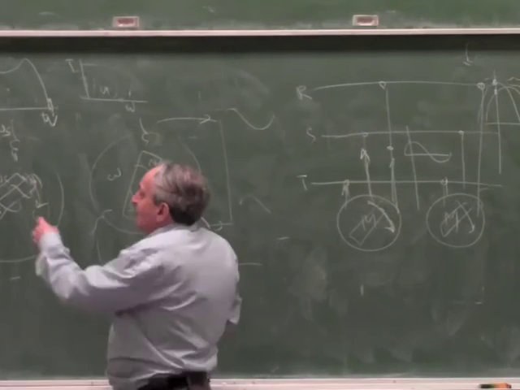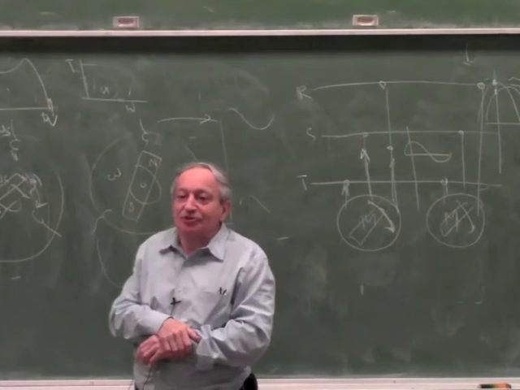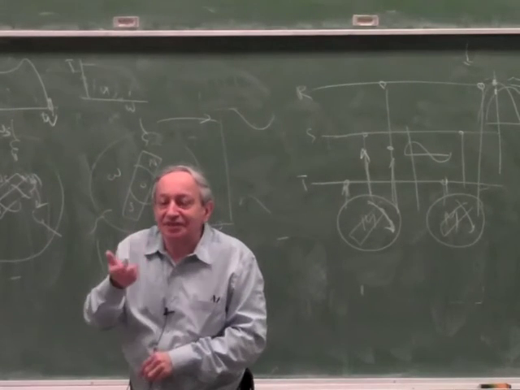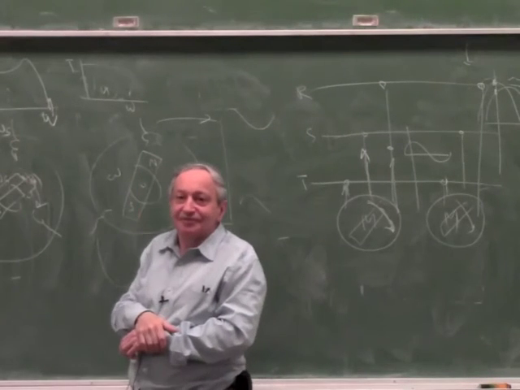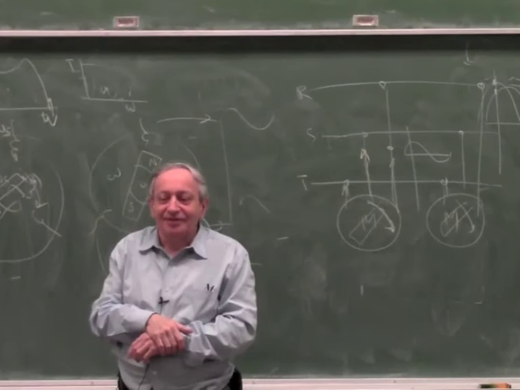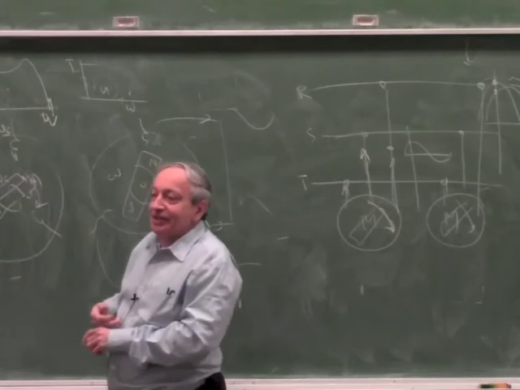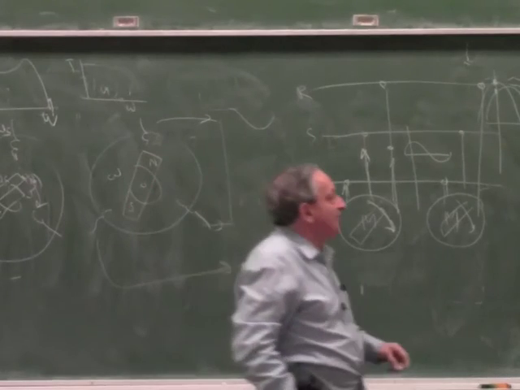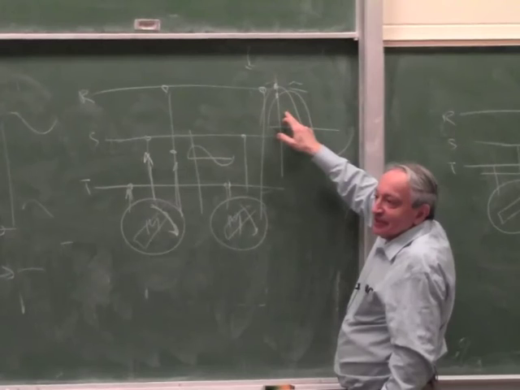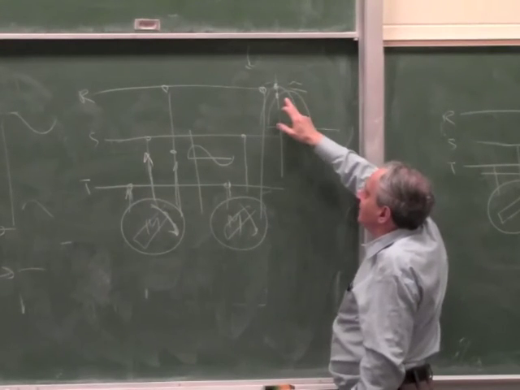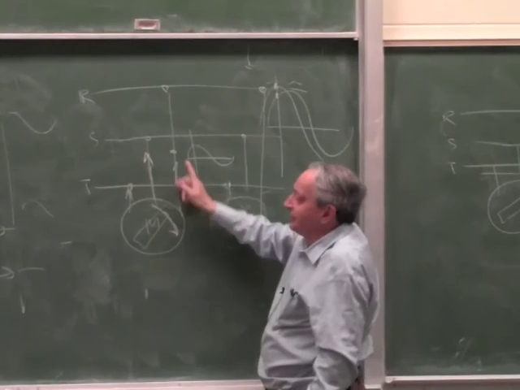But what happens if you force this to go faster than the synchronous speed? So you are reversing the direction of the slip. This is now moving faster than the field. So strangely enough, power will flow back. And the reason power will flow back is by the same argument here, that if you have two sine waves, and one is leading the other, depending which one is leading, which one is lagging, power will flow this way or this way.